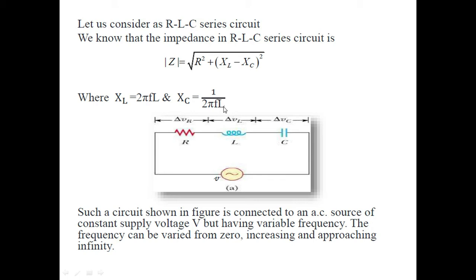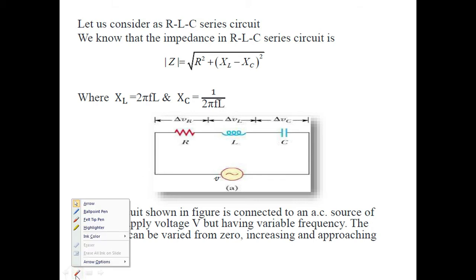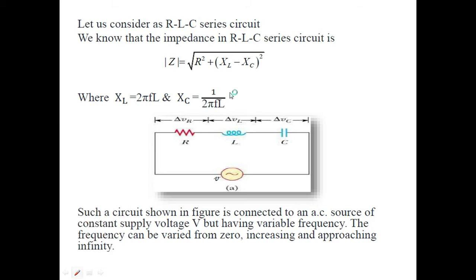Here F is the operating frequency and C is the capacitance. So XC is equal to 1 upon 2 pi FC.